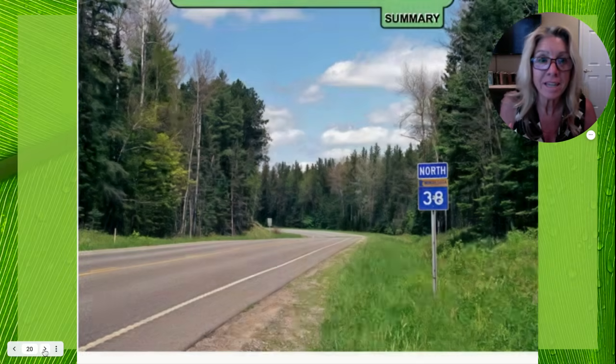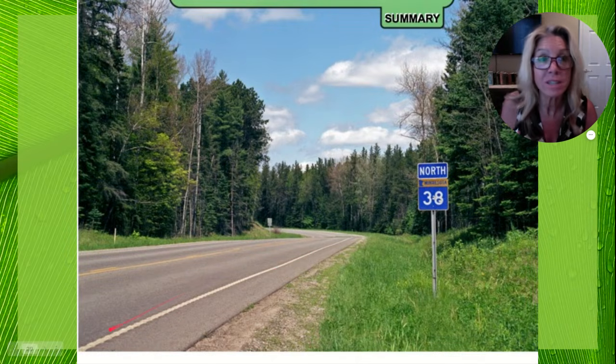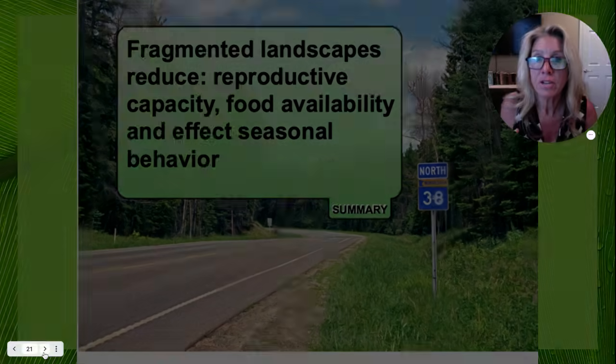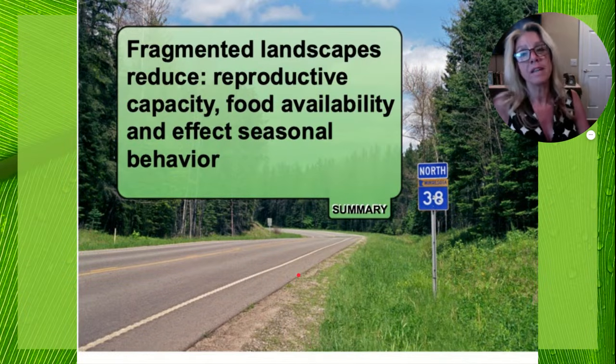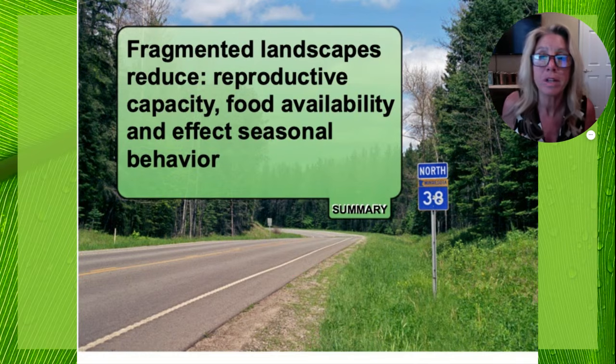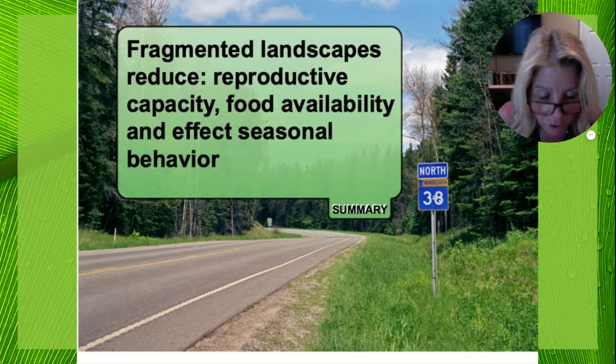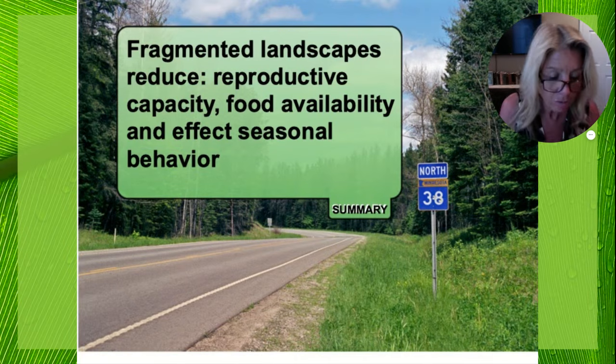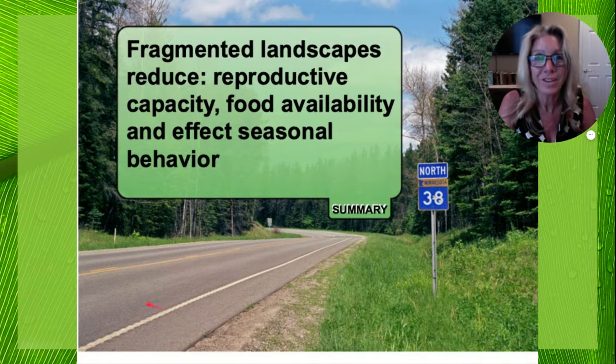Some of these landscapes end up getting fractured by things like roads. And so this fragmented landscape can reduce reproductive capacity, food availability, and affect seasonal behavior like migration patterns. So some landscapes are so fractured, it makes it difficult for organisms to move from one to another.